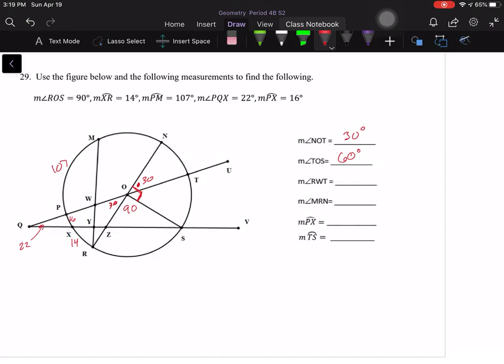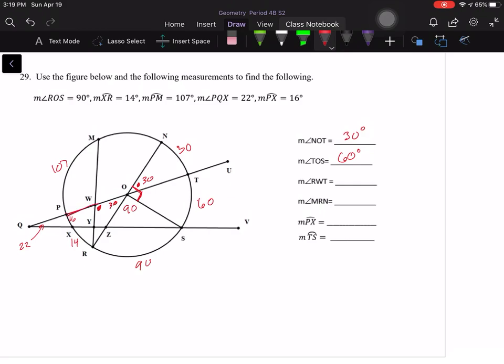Measure of angle RWT, so RWT, so we're looking for this angle now. RWT. Well, I see a couple different ways that we could do this. I know that this is 30, so I know that this is 60, I know that this is 90.